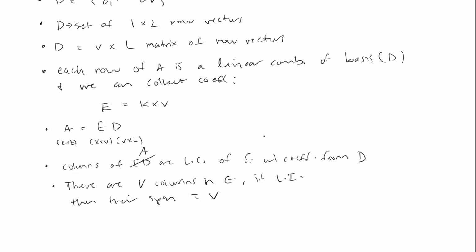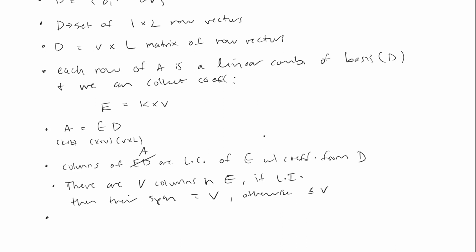So A is a linear combination of all the columns of E and D. There's V columns in E, and so their span can be at most V. That should make sense. Otherwise, it's less than or equal to V.